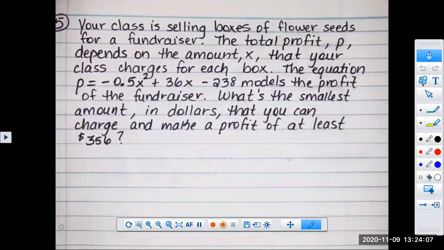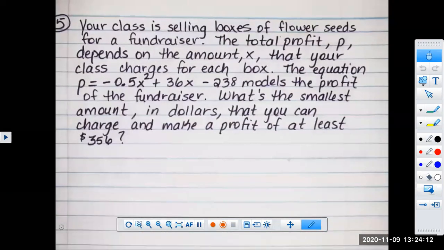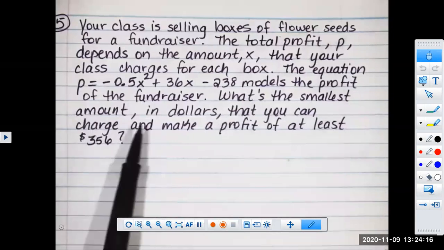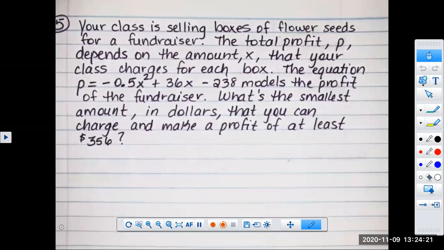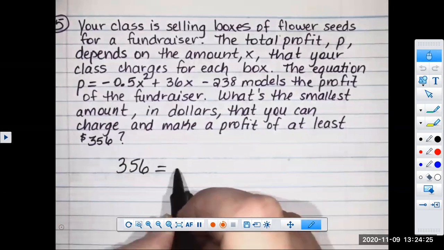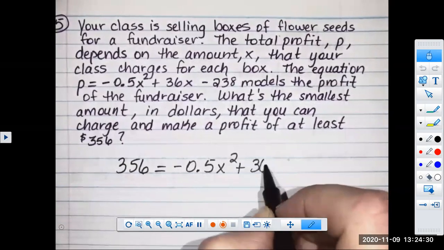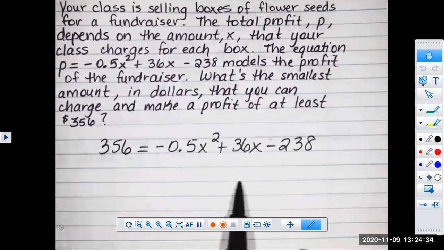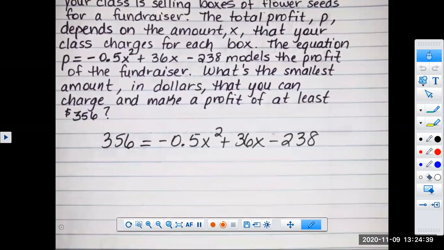But it's going to give you a quadratic function that models the profit of a fundraiser. And it's asking you what's the smallest amount that you can charge and make a profit of at least $356. So what you have to do is set your quadratic function that they give you equal to that dollar amount, and then get it set equal to 0, plug it into the quadratic formula.